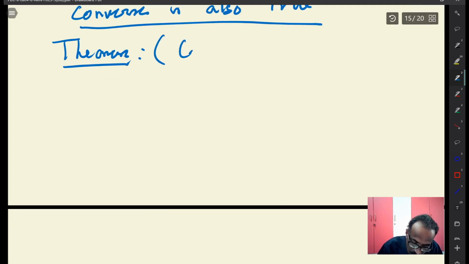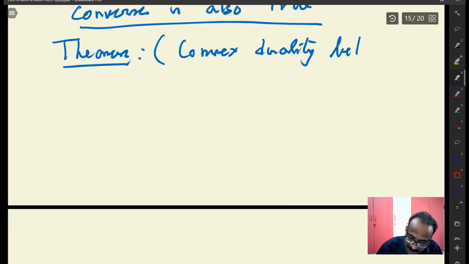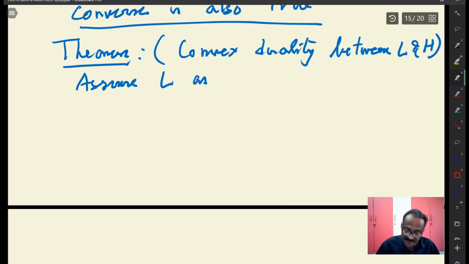This is called the convex duality between L and H. Assume L is as above. That means L is convex, continuous, and coercive as above, satisfying all assumptions, and H is defined as above. Assume solvability.